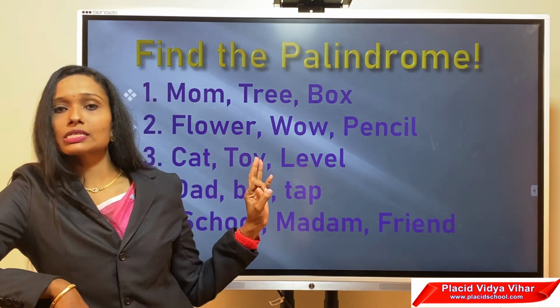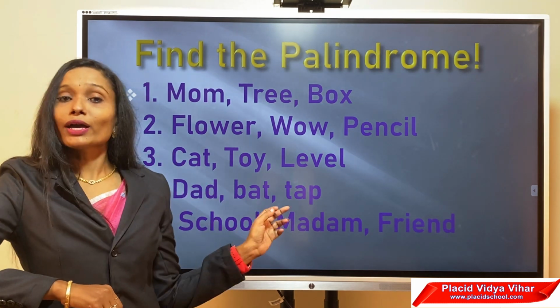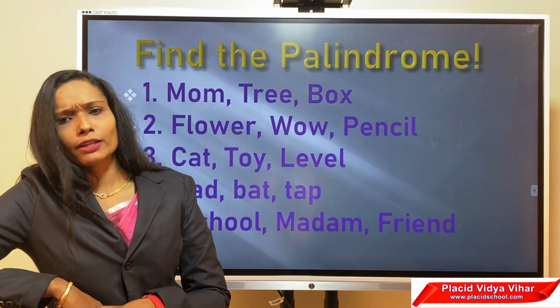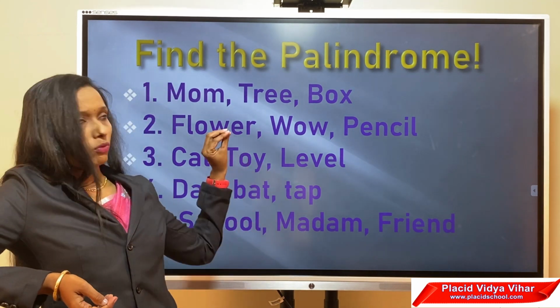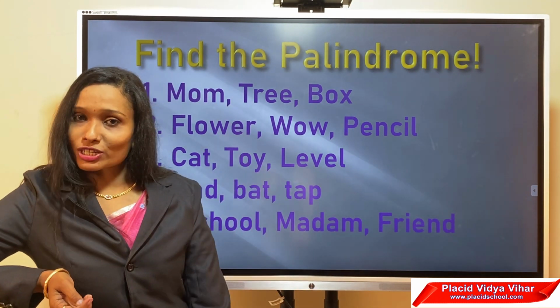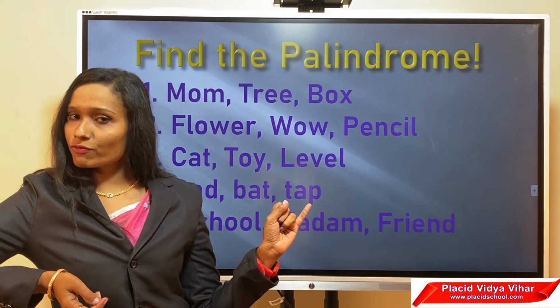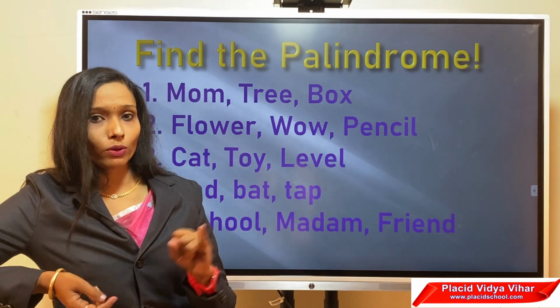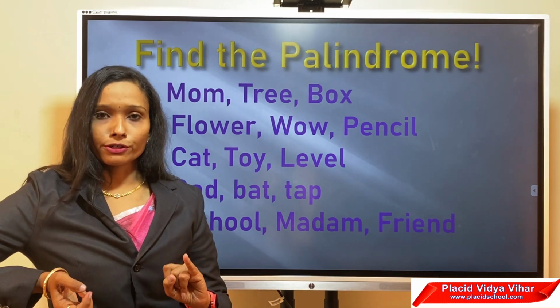We have 3 words in each set. From each set, I want you to find the palindrome, which is a very easy job. I guess at the very first glance you might find out which are the words. One word we know, Malayalam is a palindrome, so you will never forget because of the story. That's our mother tongue, and that's a palindrome.